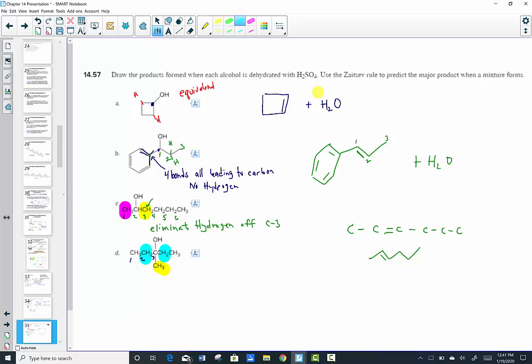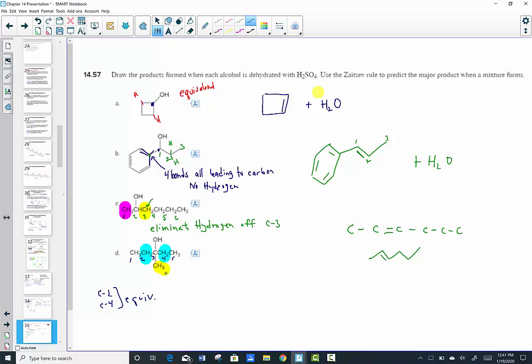Those two happen to be equivalent because they're both attached to one other carbon. 1, 2, 3, 4, 5. Carbon 2 and carbon 4 are equivalent.